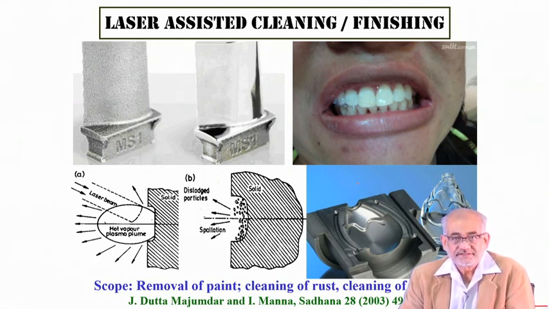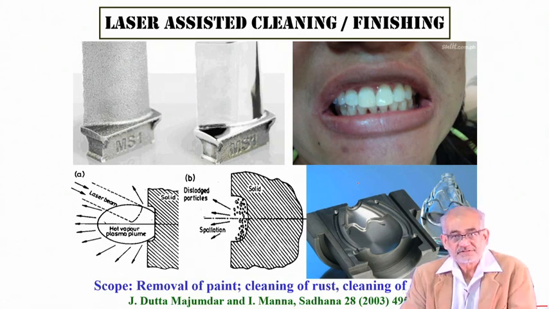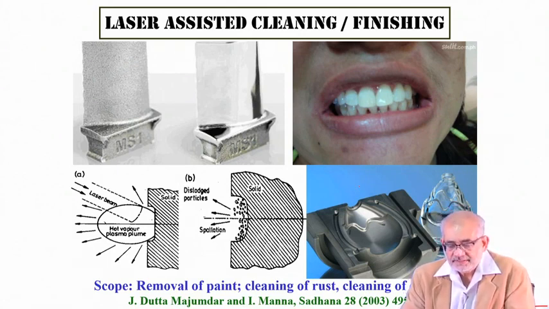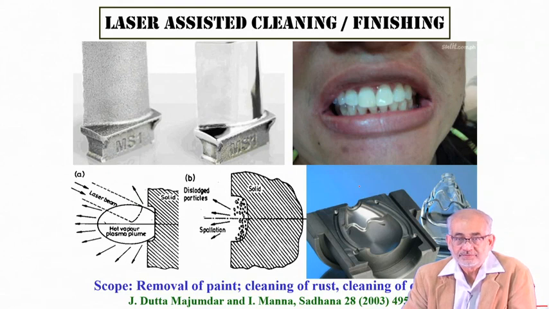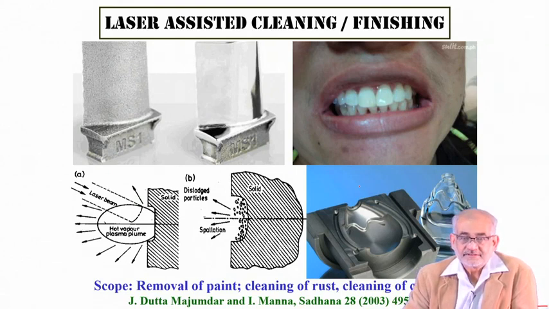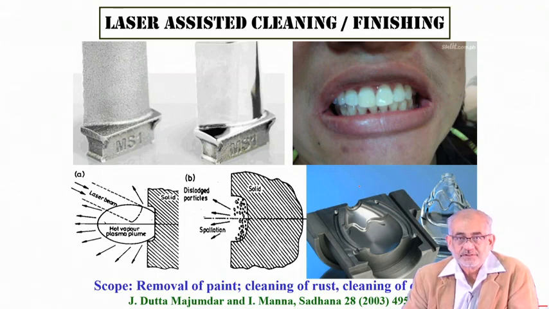And those objects develop certain rust or chemical coating over a period of time by interacting with the atmosphere. Some kind of sulfide or carbonate or some layers can form which cause discoloration.